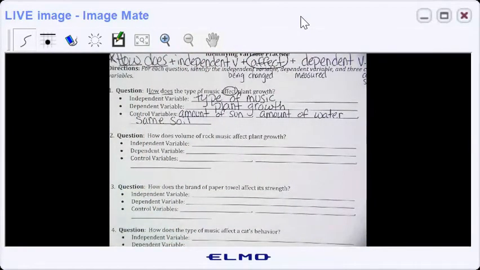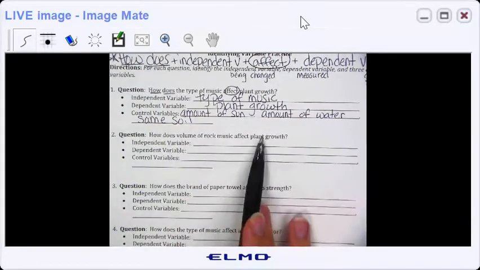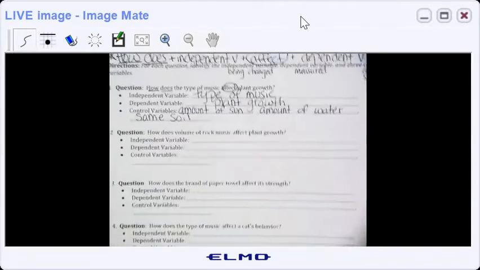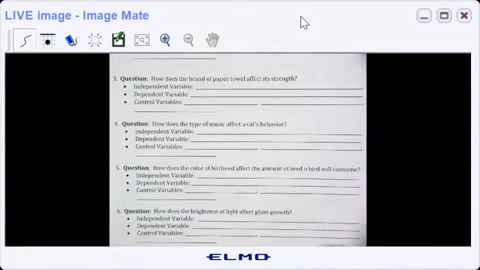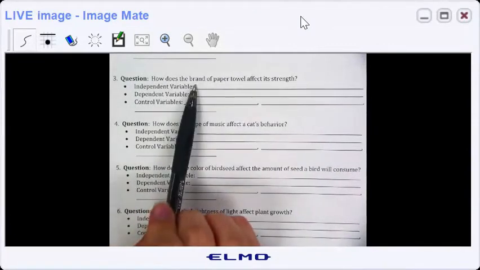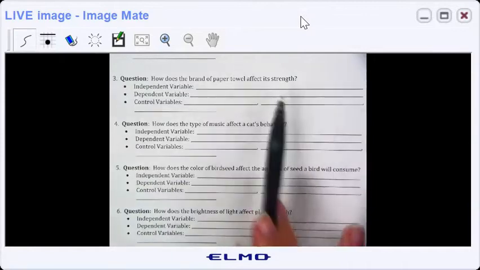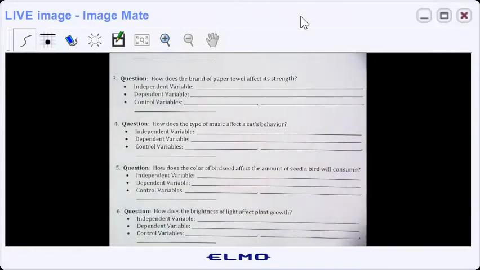So that's what you're going to be doing for each one. I will help you set up a few that I know are a little bit tricky. So number 2, again, talks about plant growth. So if you're lost, go back and look at number 1. I know that for question 3, brands of paper towel affecting strength is a little tricky for some people. Think about those commercials you see, like Brawny or Viva paper towel.